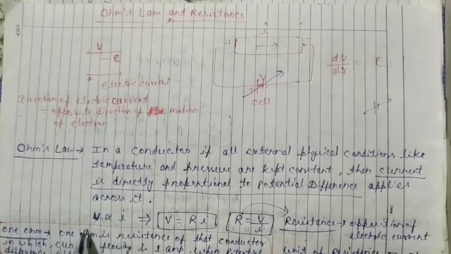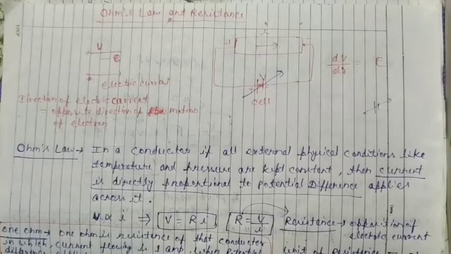If you change it 3 times, this will change 3 times. If you change this 5 times, this will change 5 times. This is direct proportion. So, in any conductor, the current is directly proportional to potential difference applied across it.